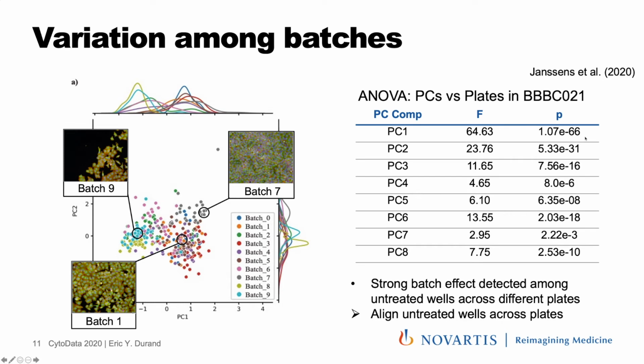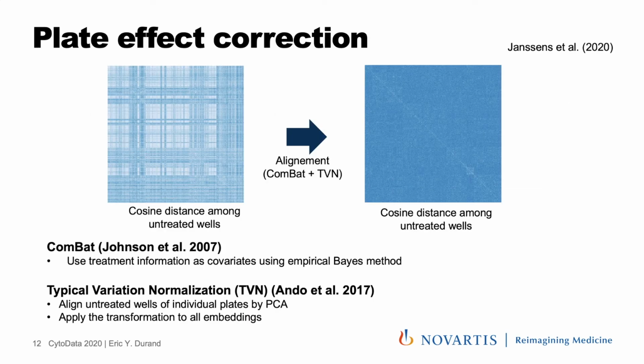So the idea is to leverage the fact that all untreated wells should look similar and use this information to align them across plates. For that, we combine 2 state-of-the-art techniques for batch correction.